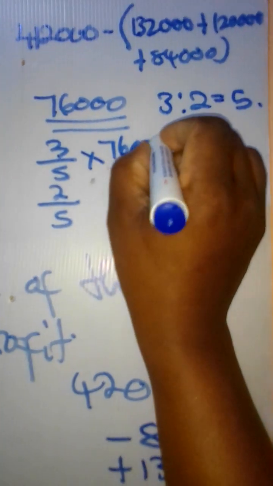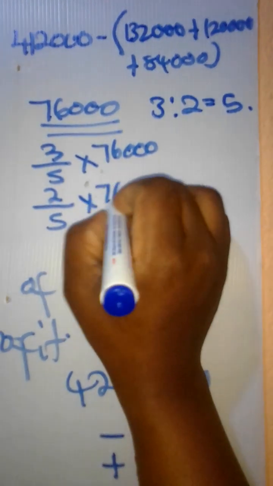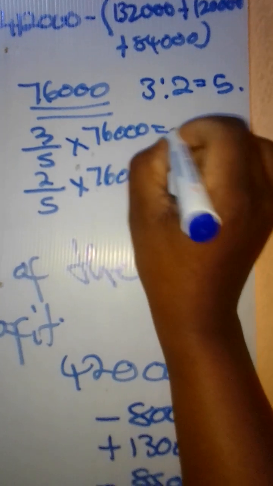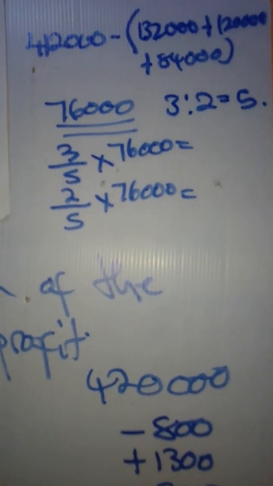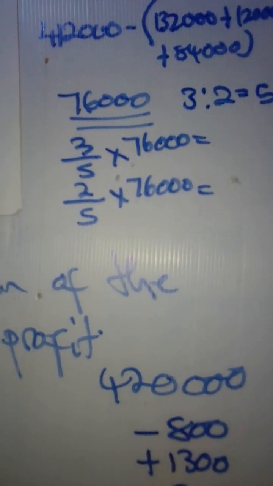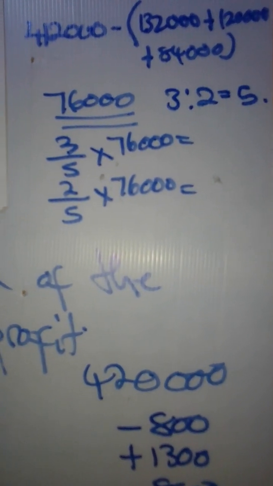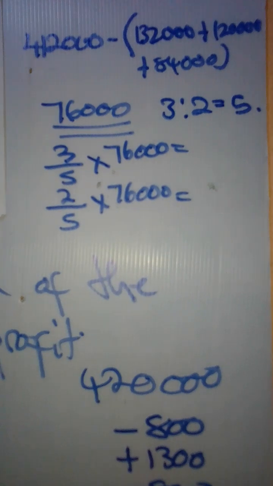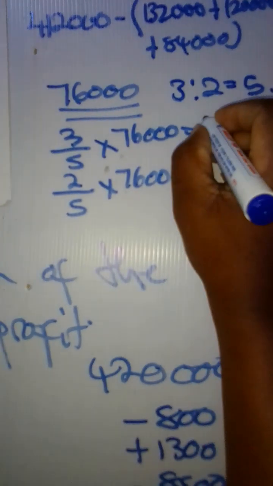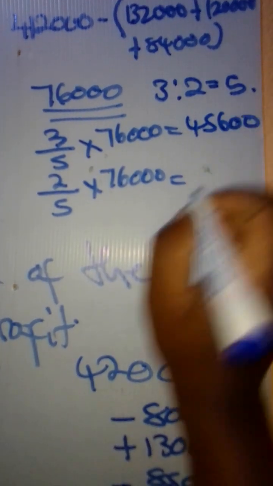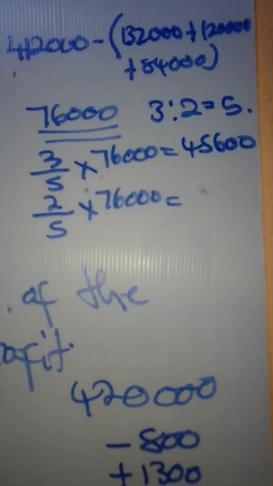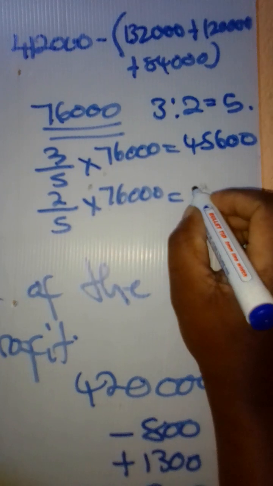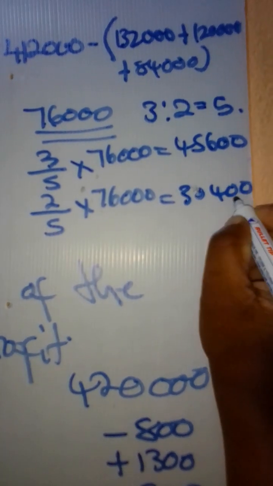Let's find out how much. 3/5 times 76,000, we are going to remain with 45,600. 2/5 times 76,000, we are going to remain with 30,400. So we are done with the final distribution.